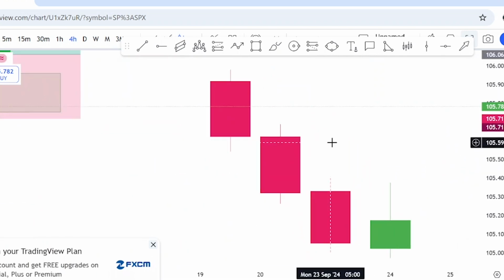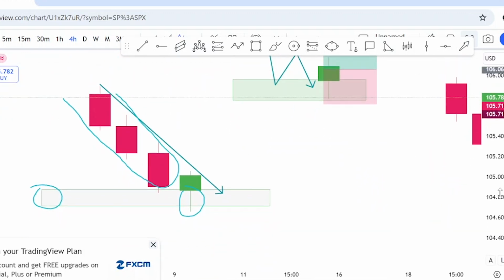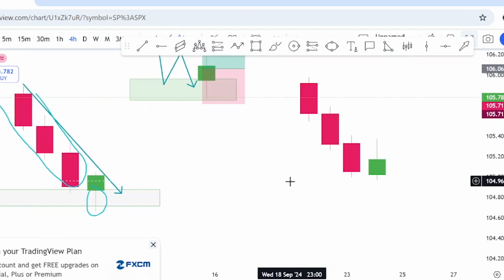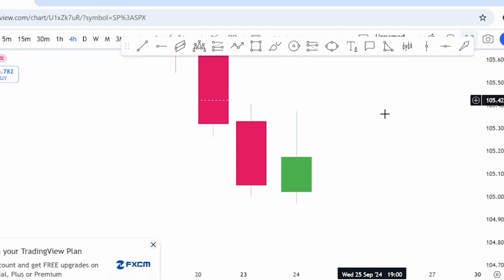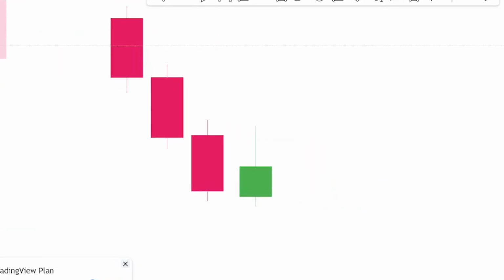So a hammer we have been rejecting from the downside, showing that the buyers are going to be controlling the market. Then after that, from the inverted hammer, we have the market that is moving down. Then we end up rejecting from the downside a little bit by pushing up with a full body from this area.